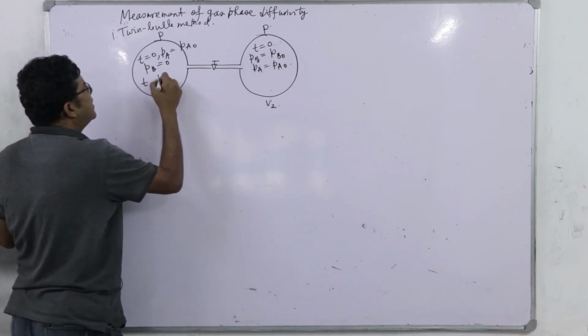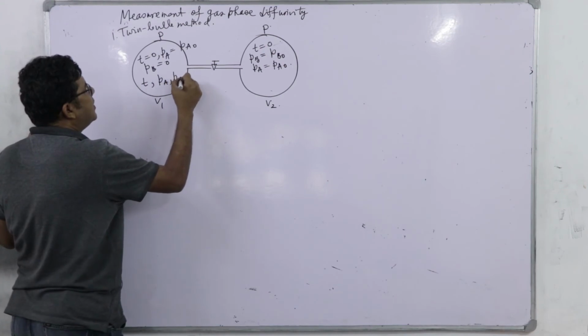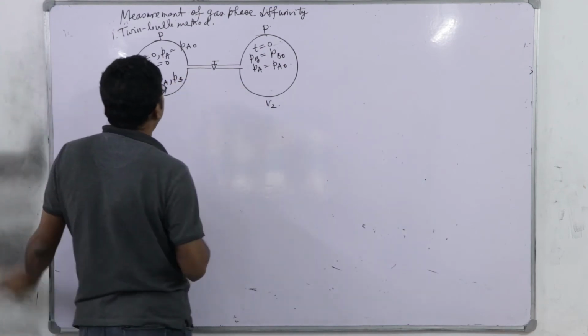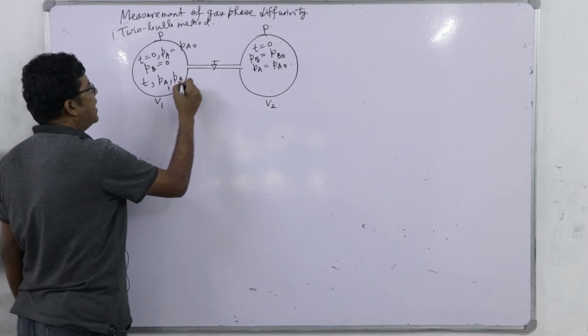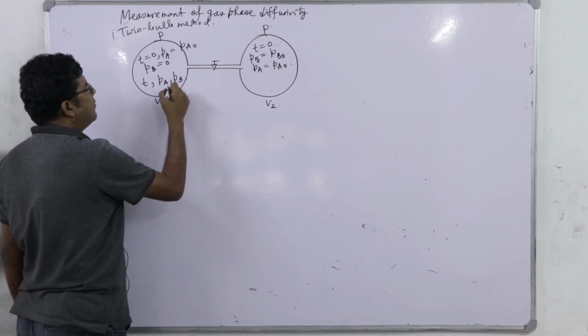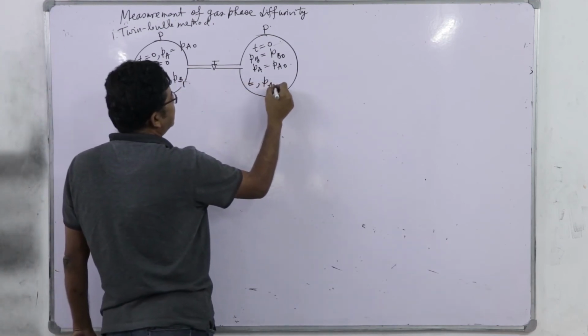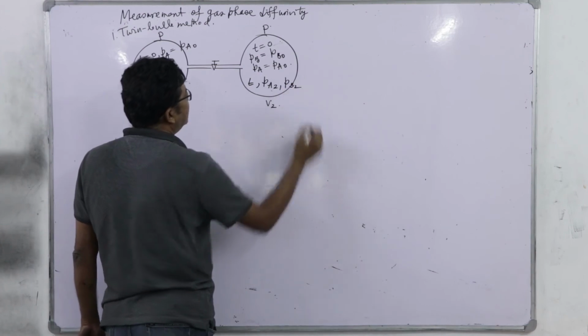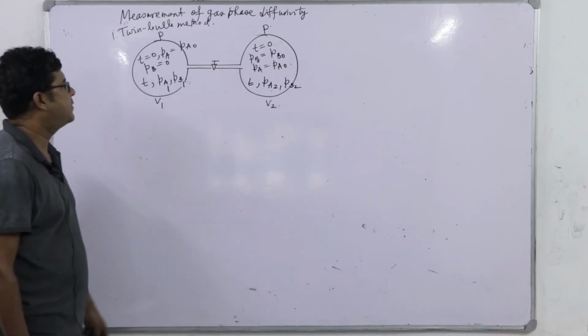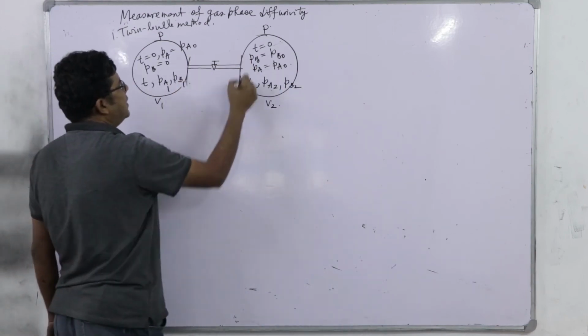And at time T, PA and PB are the partial pressures, PA1 and PB1 here, and PA2 and PB2 there, right. The capillary has a length L.